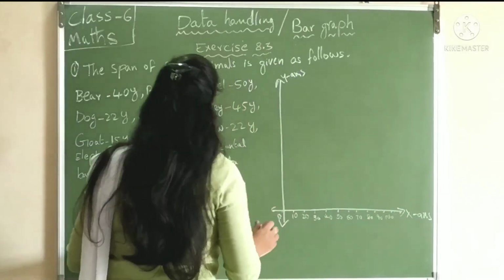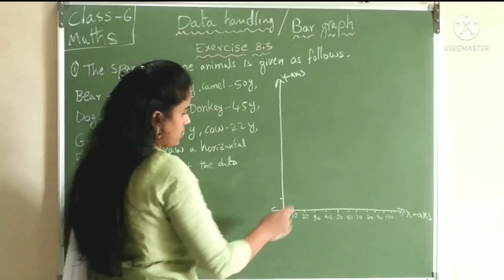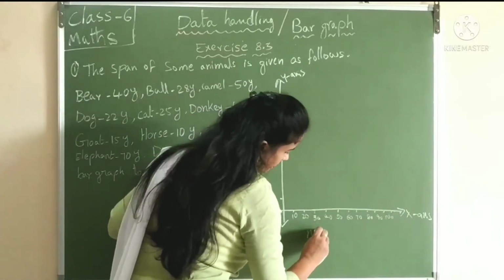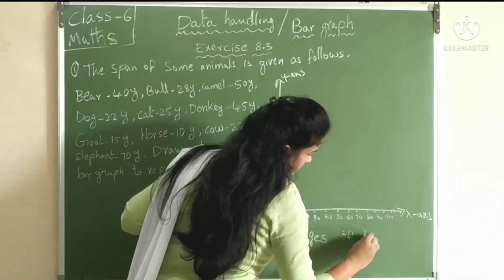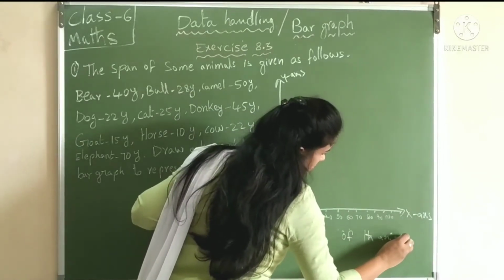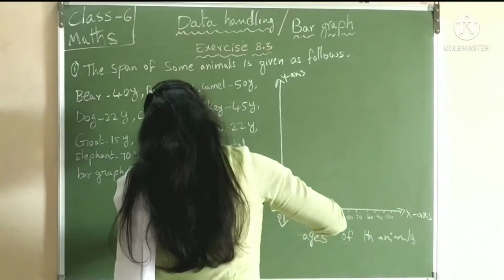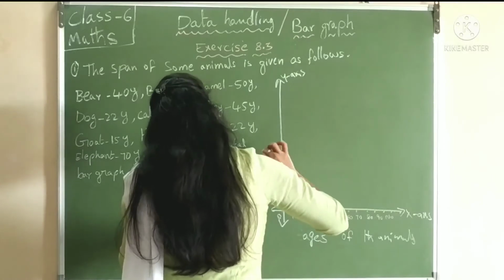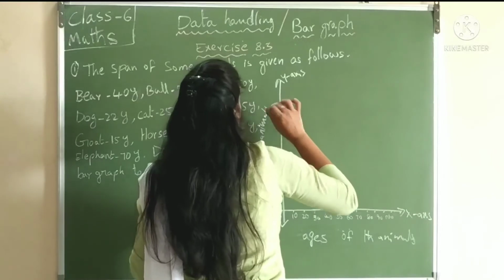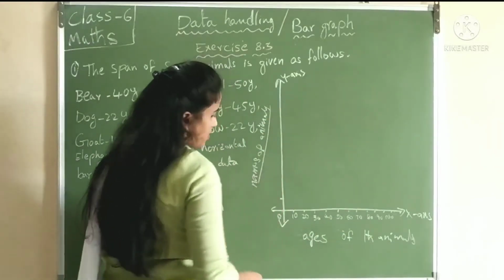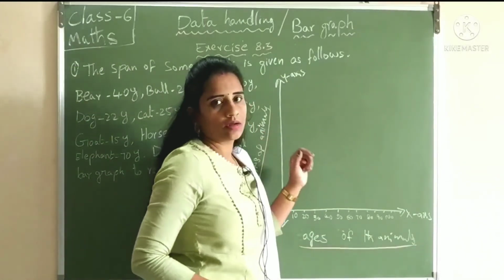And here write the names of the animals, and the ages of the animals. You need to create one title.